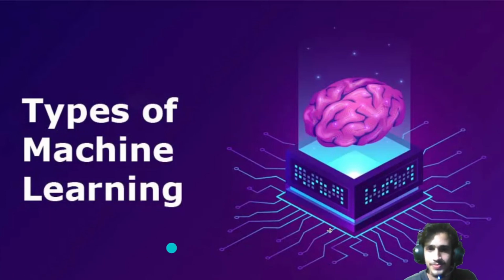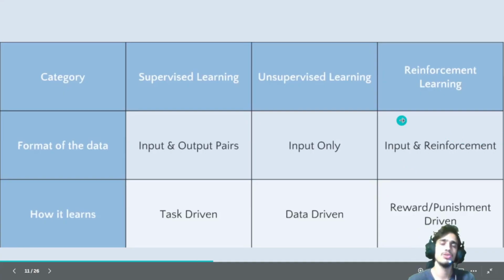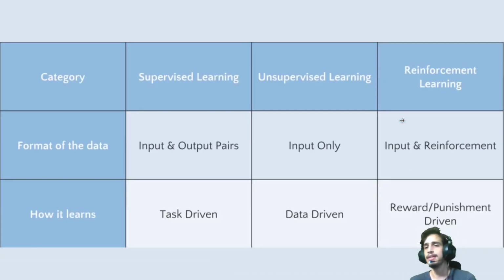Let's go. First, we separate machine learning into three categories. One is supervised, second is unsupervised, third is reinforcement learning. In supervised learning, we give input and output pairs and it learns how the task is driven.